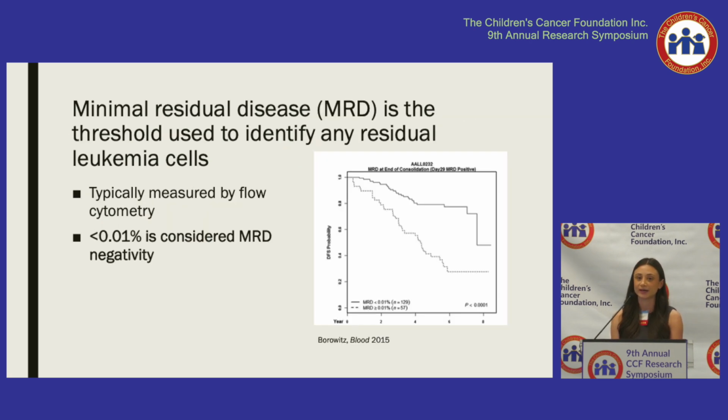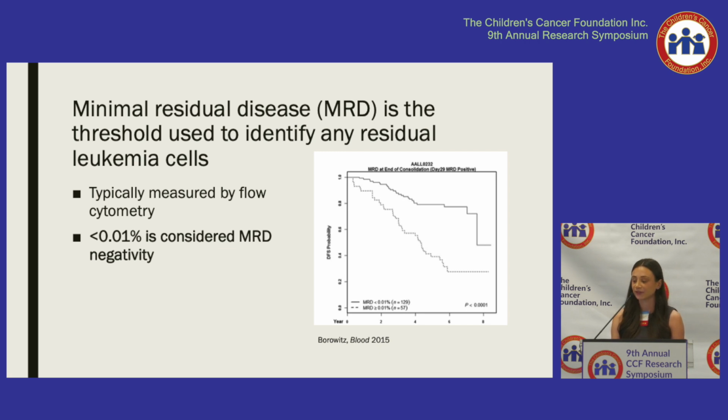We do need a way to test how we are doing treating a patient's leukemia and how much leukemia is still in their blood or their bone marrow, and that's when minimal residual disease comes in, which is the threshold that is used to identify any residual leukemia cells. This is typically measured throughout multiple points in a patient's treatment, specifically after the first stage of treatment, which is induction, and then if a patient has residual leukemia after induction, then this is measured in the following stages of their treatment plan.